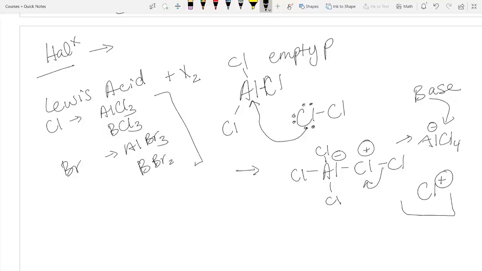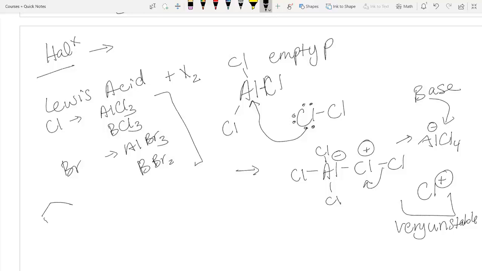Now this is very unstable, so it will react very fast in your mechanism. Now your textbook doesn't, I think, draw the mechanism out completely. It kind of shortcuts it. This is the full mechanism, so please draw out the full mechanism. On your tests, this is what I'm expecting of you.